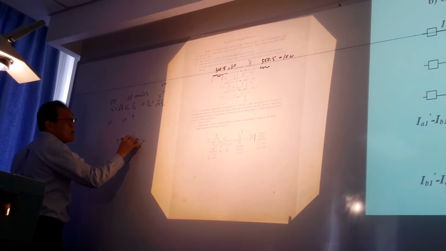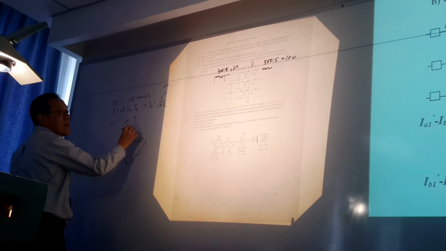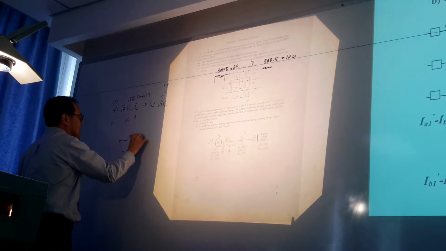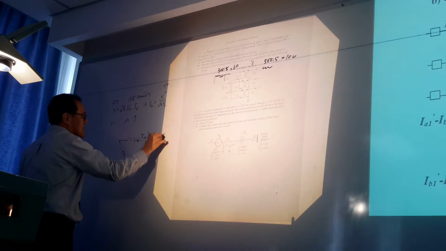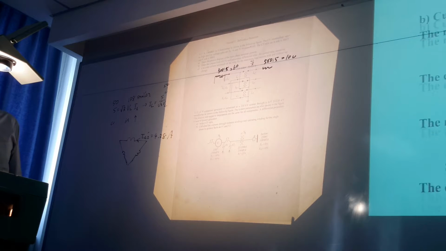Just now we computed the current that comes out, say IA2 prime. Maybe we do exactly the same so that you don't get confused. IA2 prime, and just now we have 4.18 amps, right? Let's take a look one more time.